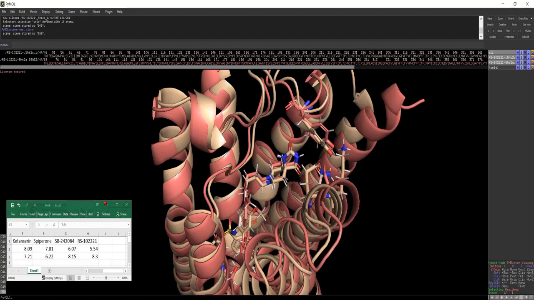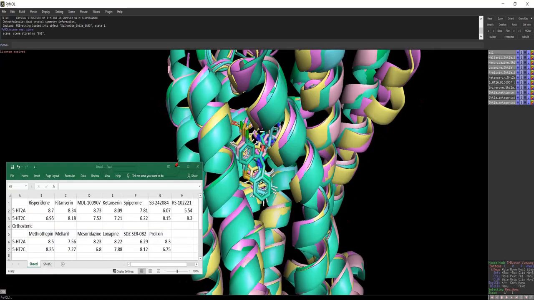And so again, I think this is what determines selectivity in the extended binding pocket between the compounds at 5-HT2A versus 5-HT2C.